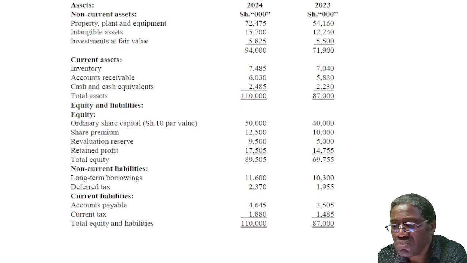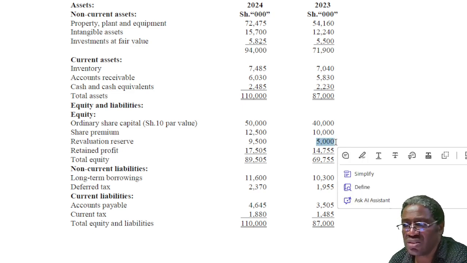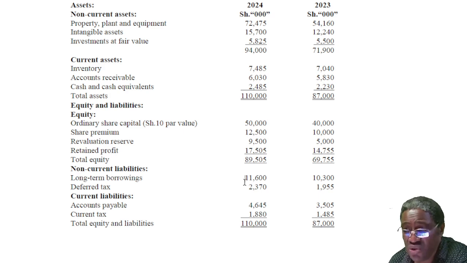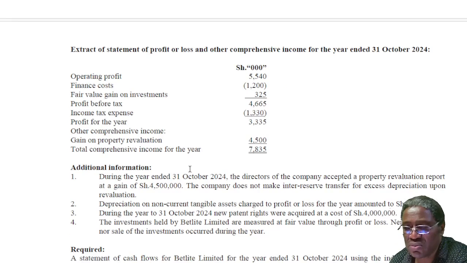Last year, if you look at the balance sheet, the revaluation reserve was 5,000. Then during the year, if you remember, we were told by note number 1 that there was a revaluation gain of 4.5 million.